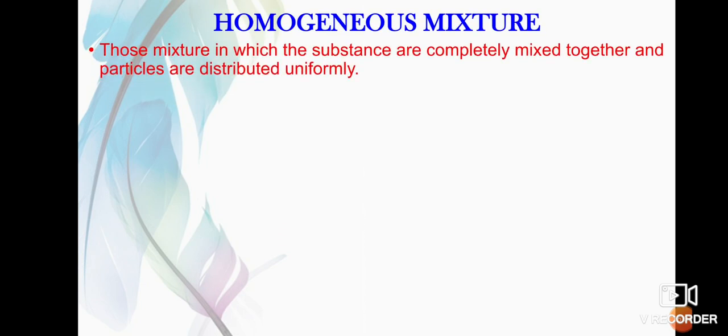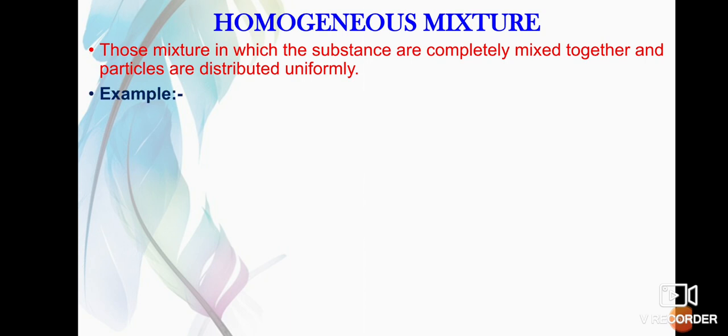Now let us discuss homogeneous mixture. Okay, so what is homogeneous mixture? Those mixtures in which the substances are completely mixed together and particles are distributed uniformly. Means in this mixture, the substances we add are completely dissolved in the solution. Means they are mixed very well. They can't appear to us.